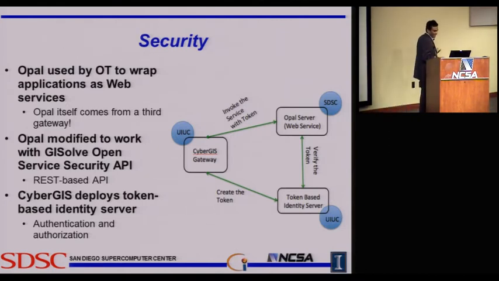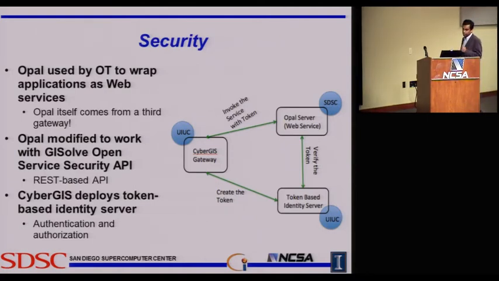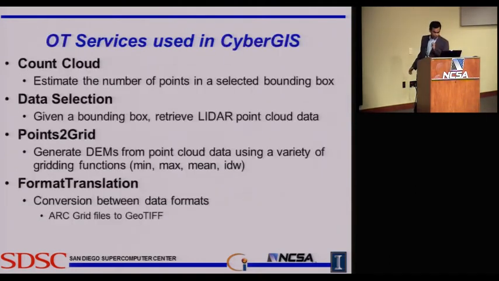This is similar to other token security models adopted by other gateways, if you know security environments. There is a project on gateway security at NCSA, which I think is even collaborating with XSEDE, trying to bring all the gateways together to use a common security model, and we are working with them. So that's how we did security.